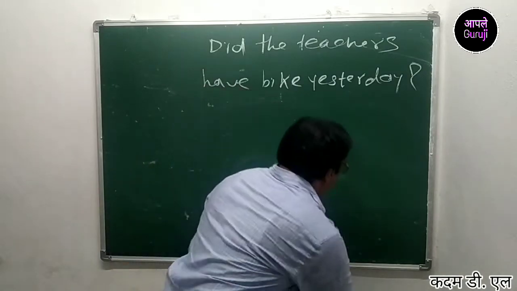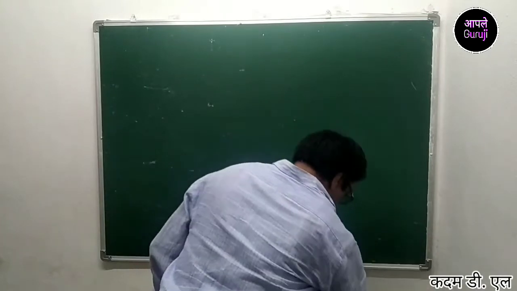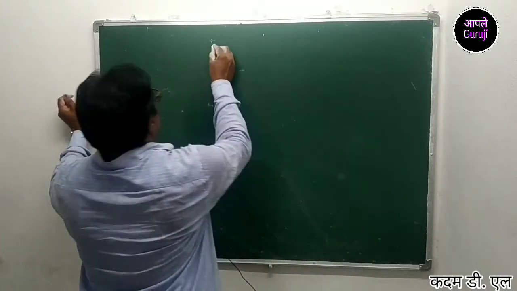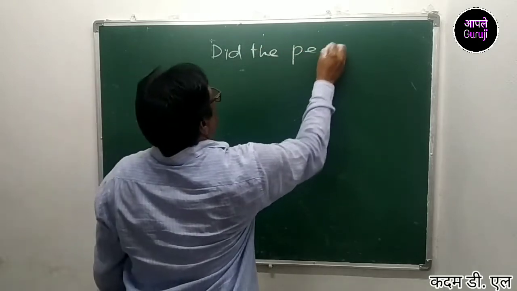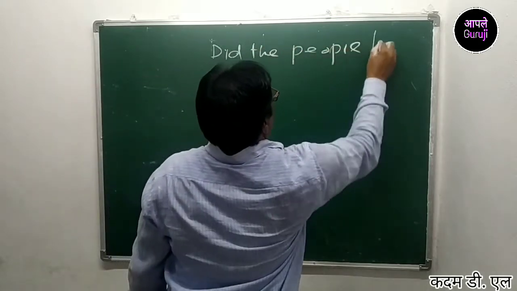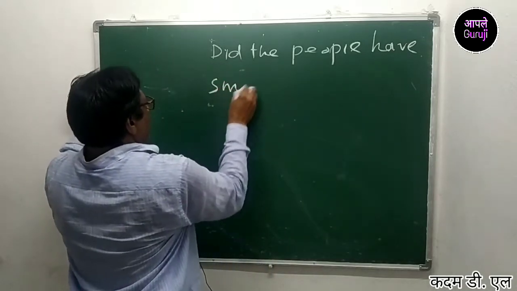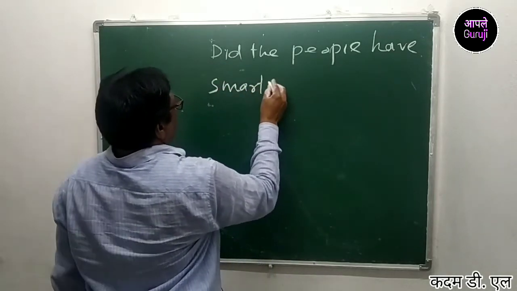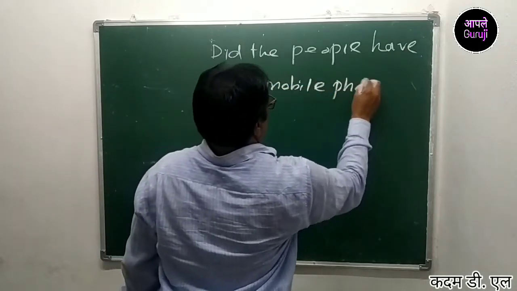Very good. Now, one more example. Let's see. Did the people have smart, S-M-A-R-T, smart mobile phone, M-O-B-I-L-E, mobile phone?